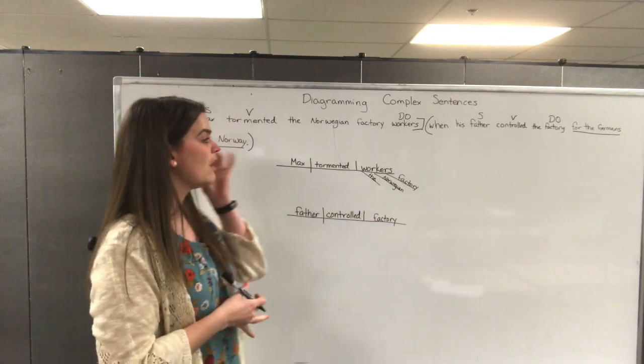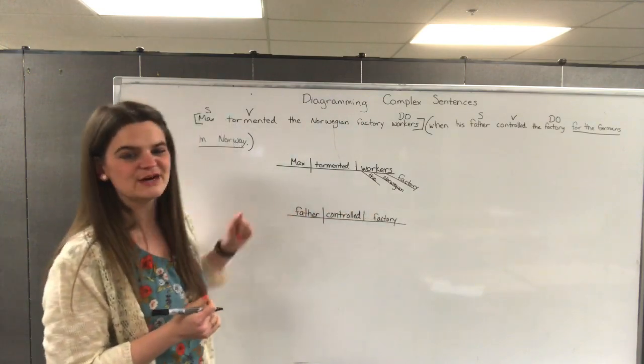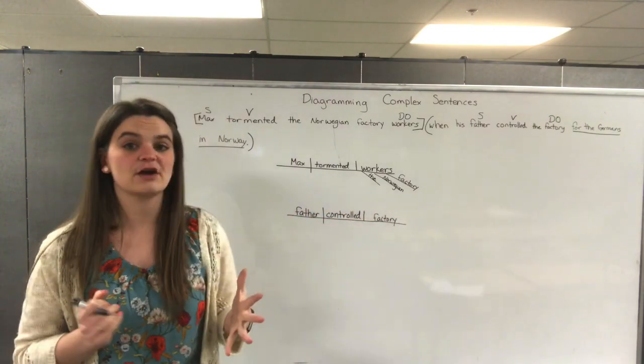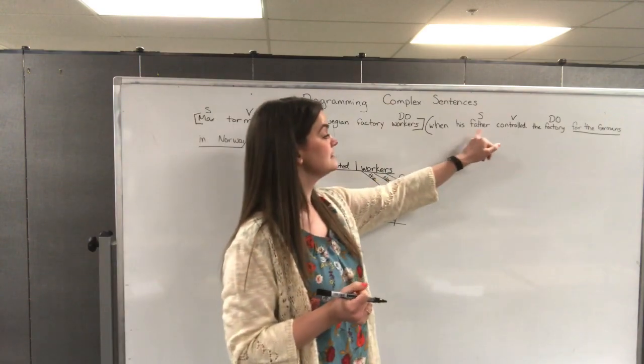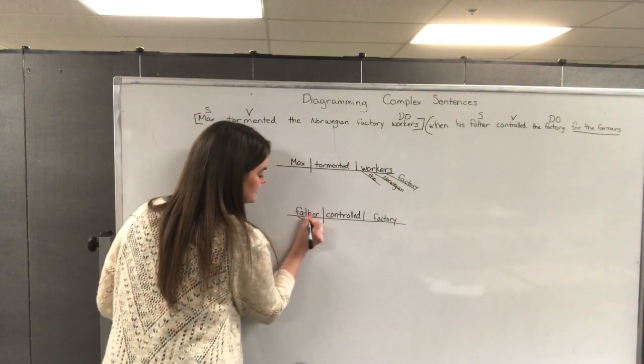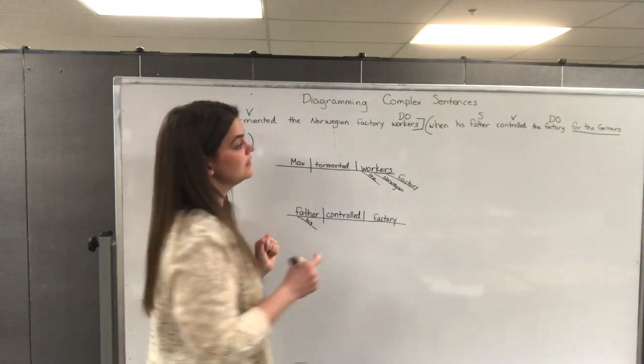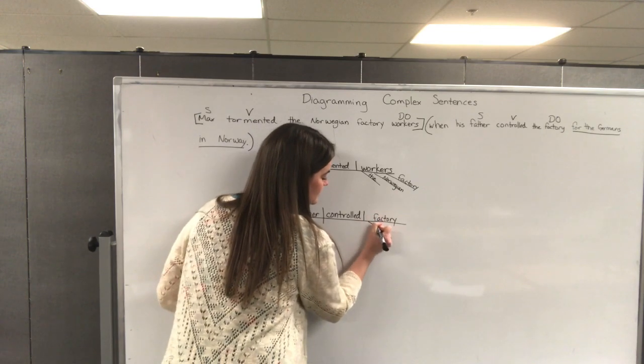All right, so those are our main words for our sentence. Now let's go back and check our modifiers. His answers the question whose father or which father? His father, so it is an adjective. It's a possessive pronoun adjective. Which factory? The factory.